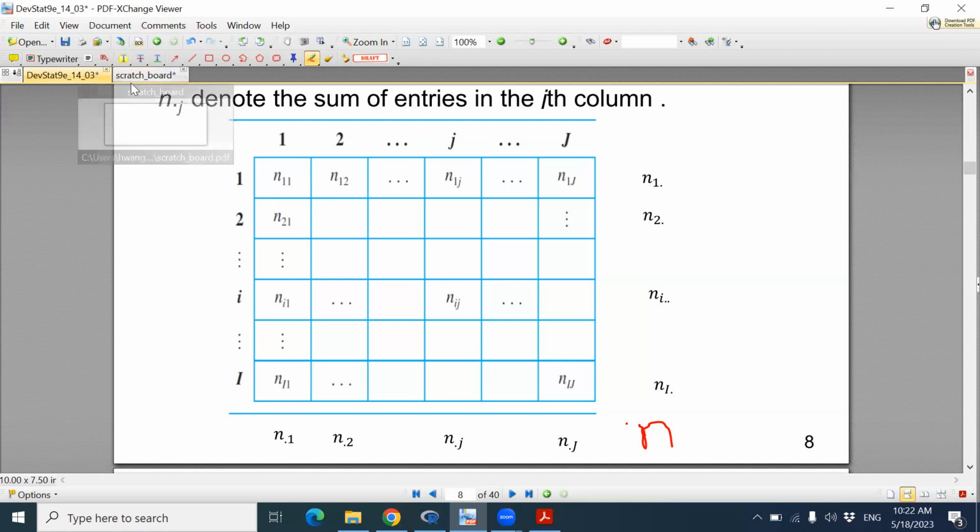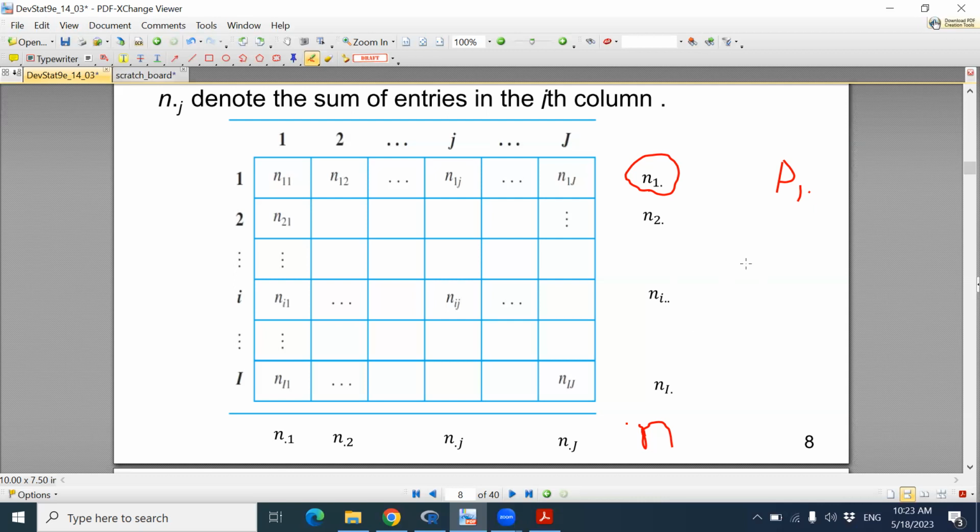And how many of them did we use to estimate the unknown parameters? We used the first row total n_1 dot divided by n to estimate p_1 dot. Similarly, we use n_2 dot divided by n to estimate p_2 dot, and keep going. But are we using all I of them?